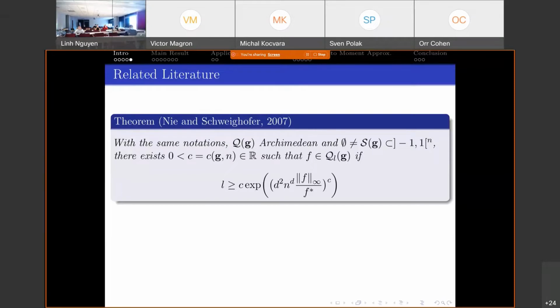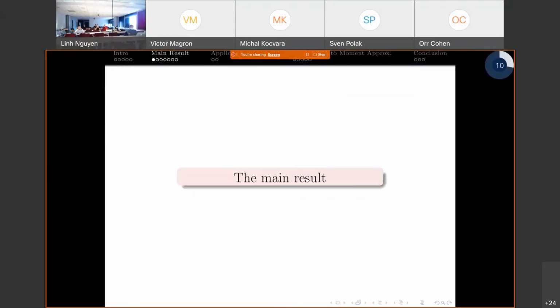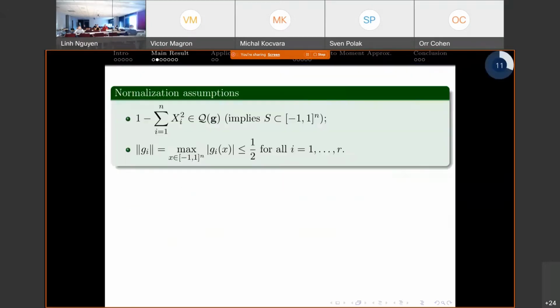So this is what we have up to now in the literature, and we want to improve this result in these ways. First, we want to prove a new bound that is polynomial in epsilon of f. And second, we want to have explicit exponents as much as possible. Now, let's move to the statement of the theorem. First, I need some normalization assumptions.